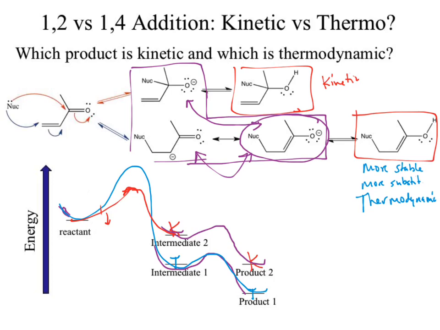Faster reaction. Okay? If we increase the temperature, what we're really saying is we're providing enough energy to do what to that first intermediate? Move it back to the reactant. When it's a reactant, what can happen? It could now go into the thermodynamic product.